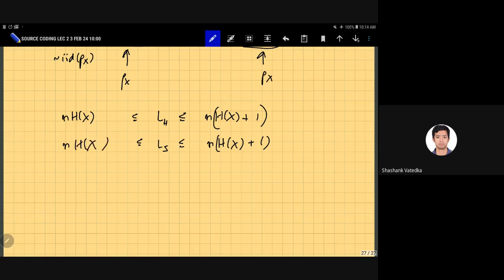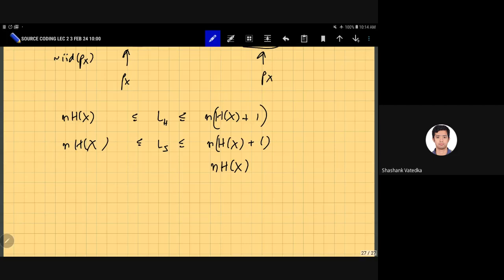So if we do symbol-wise encoding, the best that you can hope for is to get to roughly n H(X) bits. And this can be achieved as long as the source is stationary and ergodic.